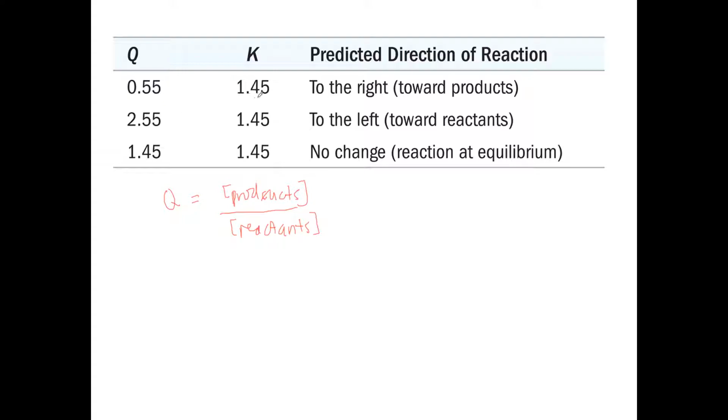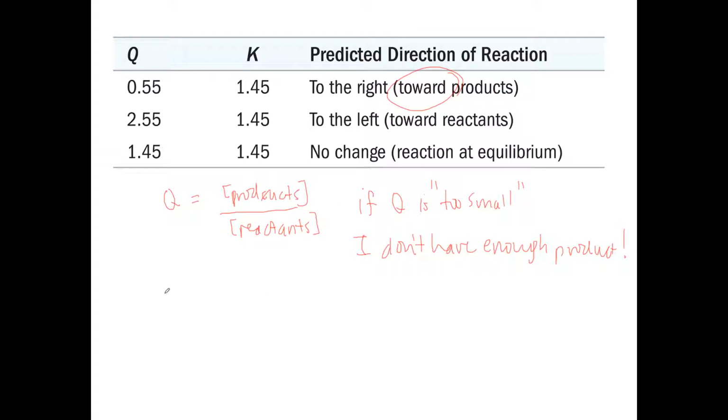Well, of course, 1.45 is bigger, and that means that at Q, I don't have enough products. If Q is too small, and what I mean by that is if it's smaller than K, then I don't have enough product, right? Okay, you see that? And so what that means is that things are going to go toward the products.